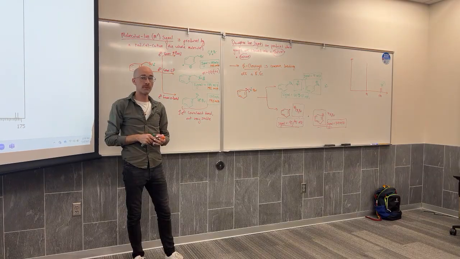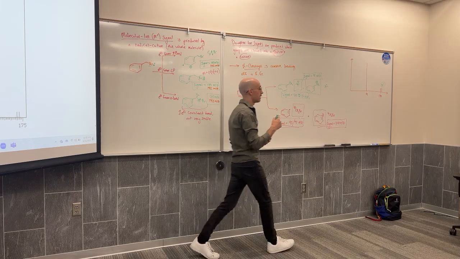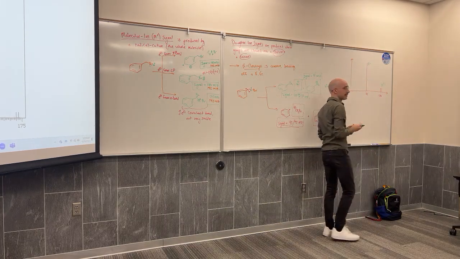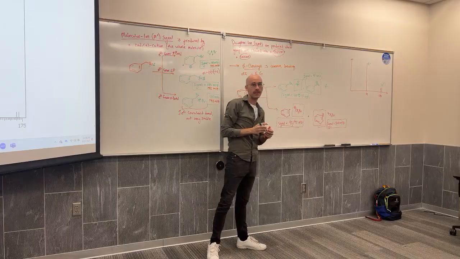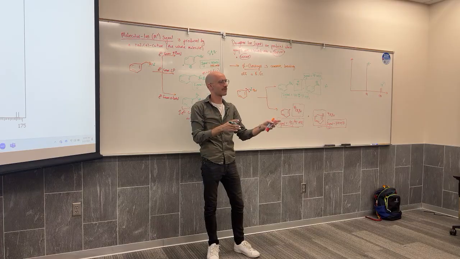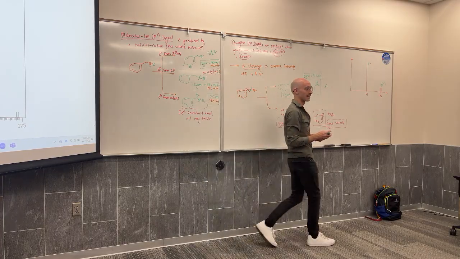Now we can also label that relative to the molecular ion. We can say that this signal is M minus the mass that has been lost. How much mass has been lost from the molecular ion? 79.